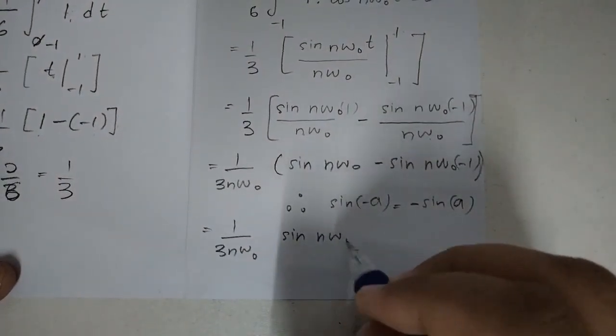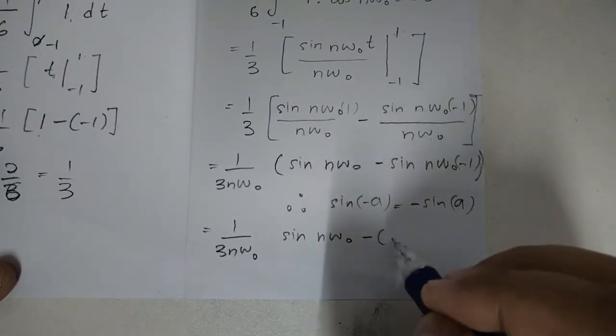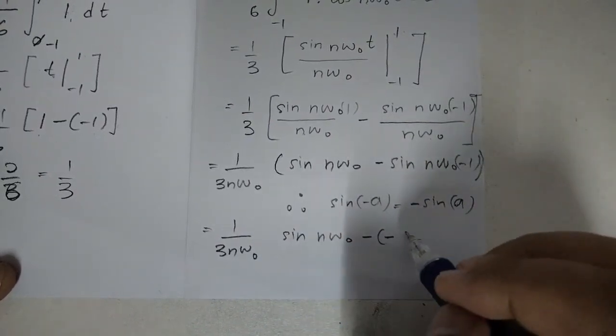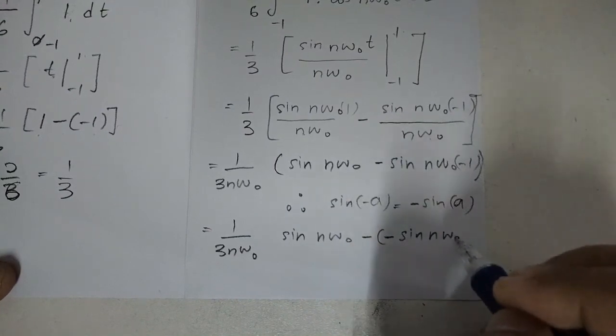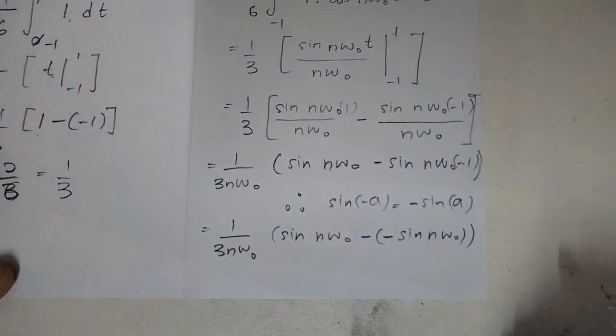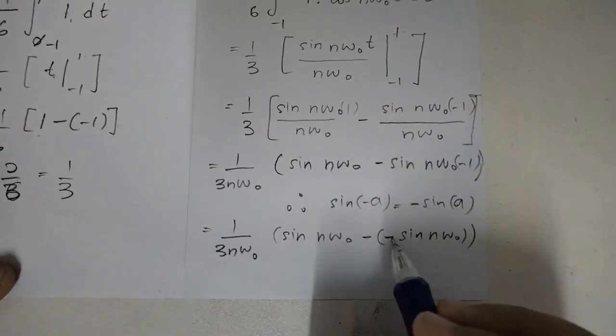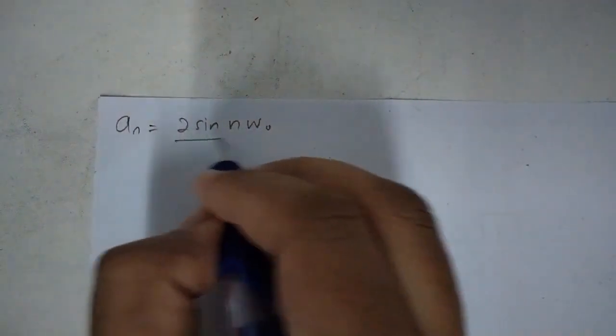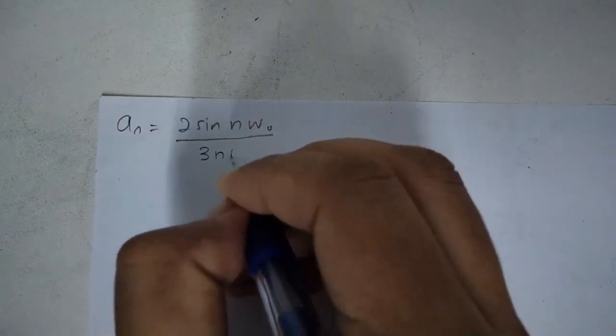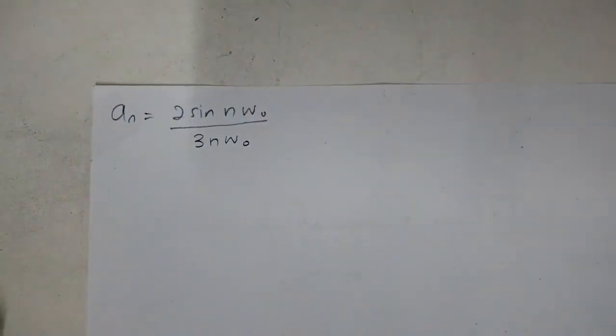Now this becomes plus, and then we get 2 sin(n omega naught). So an now is 2 sin(n omega naught) over 3n omega naught.